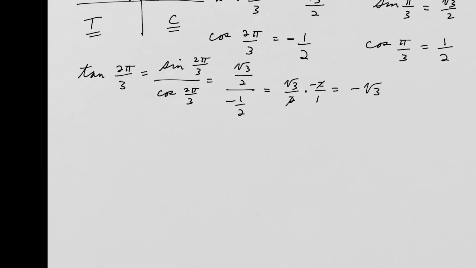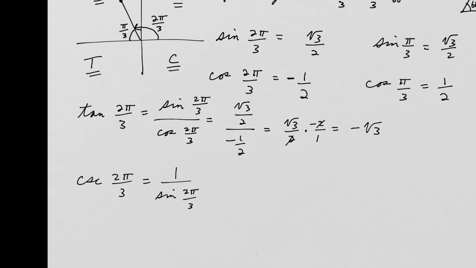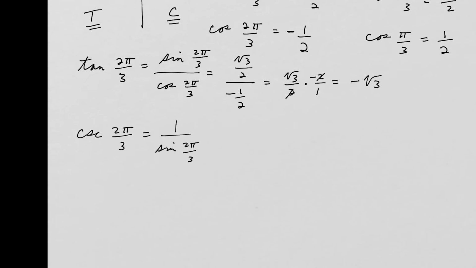Okay, then cosecant. Remember, by definition, that's 1 over sine of 2 pi over 3. Well, what was sine of 2 pi over 3? That was radical 3 over 2. So I can think of this as 1 over 1 divided by radical 3 over 2.